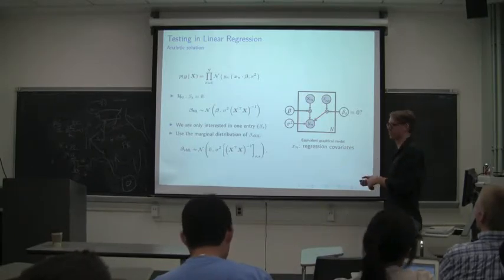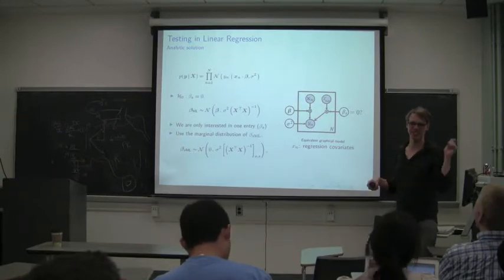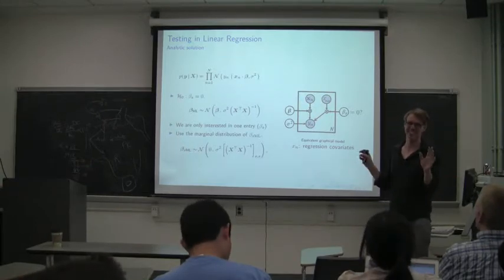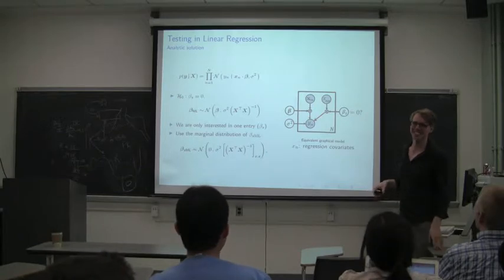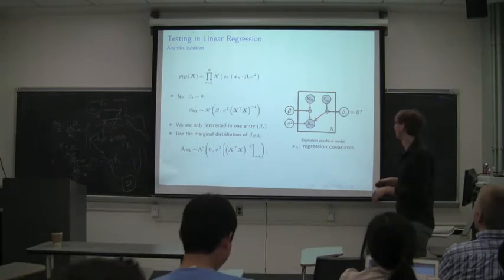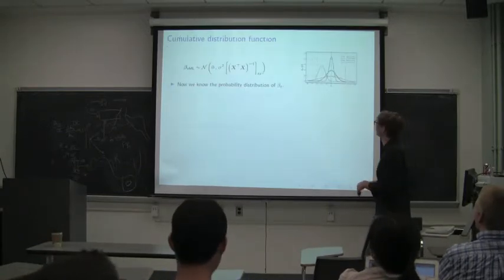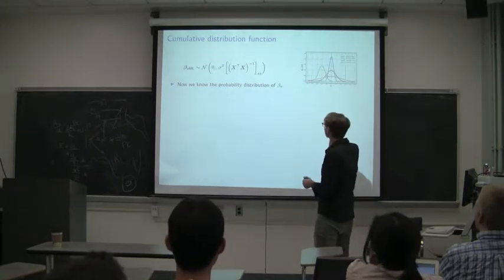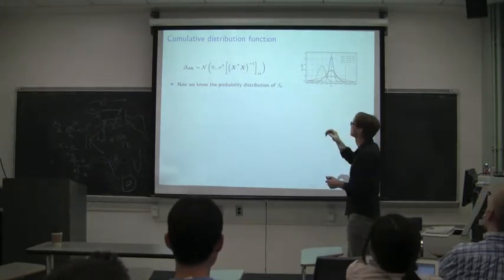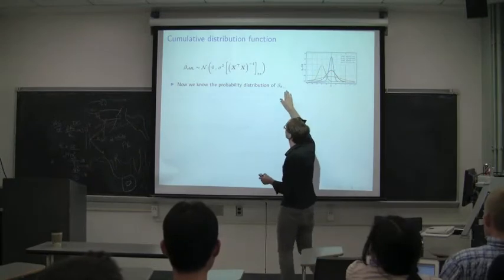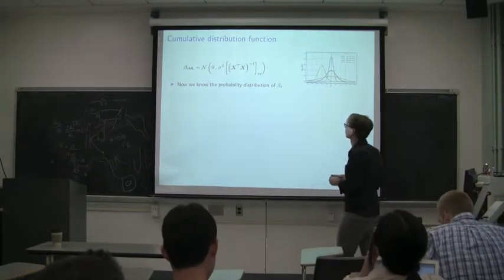So I probably should not try to have the notation consistent between the two lectures and just have them locally more consistent. Okay. So it now means that for a given data set we know the probability distribution of this beta.